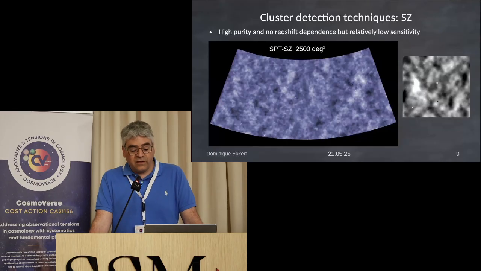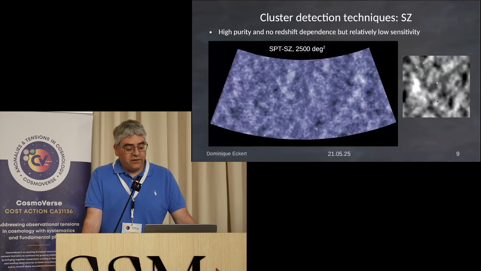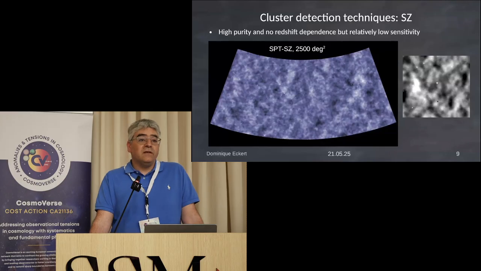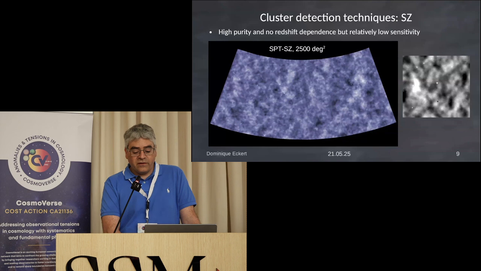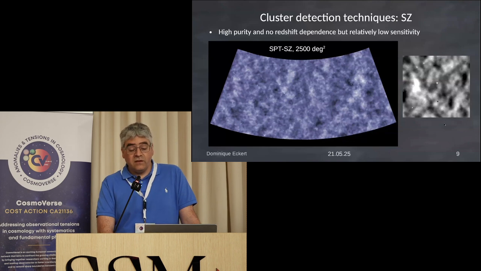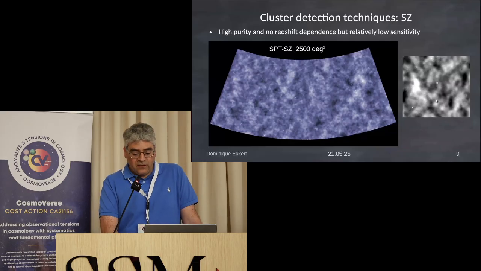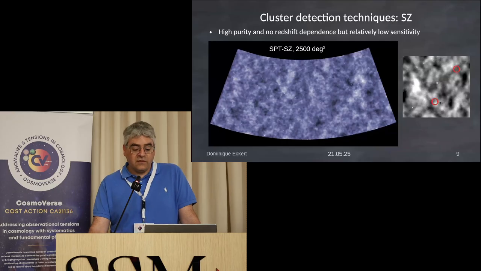Then another way of doing that, as I said, is the SZ signal. Here I'm showing the case of the SPT-SZ survey, which covers 2,500 square degrees. On the right-hand side, you have a zoom in on one of the patches of the SPT area, and you see these white dots, which are millimeter point-like sources. And then you see these shadows, these sort of black dots, and these are the clusters.